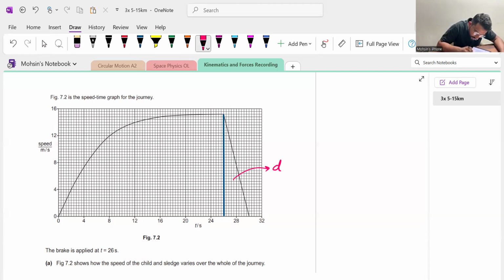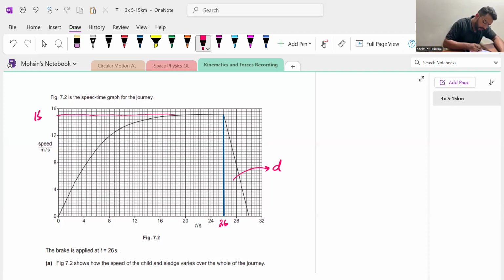And we know, as it is mentioned, that the brakes are applied at 26, and at this particular point the speed is 16 minus 12 divided by 10, it is 0.4. 1, 2, 3, 4, 5, 6, 7, 8 into 8, 3.2.